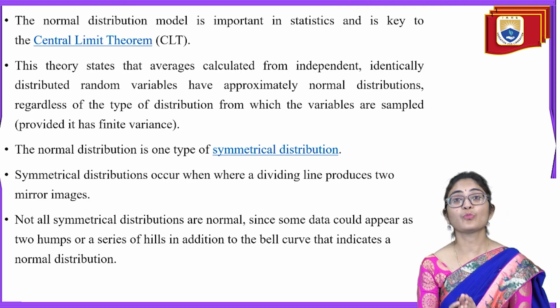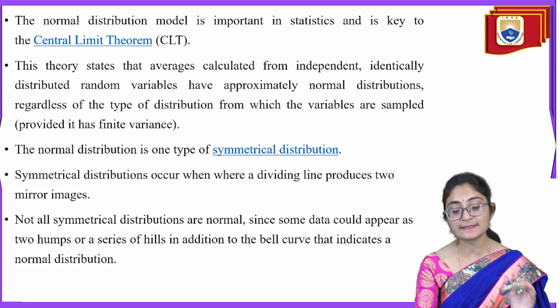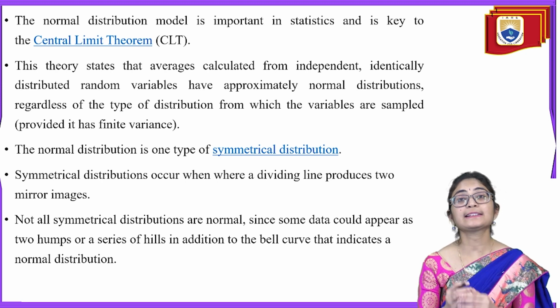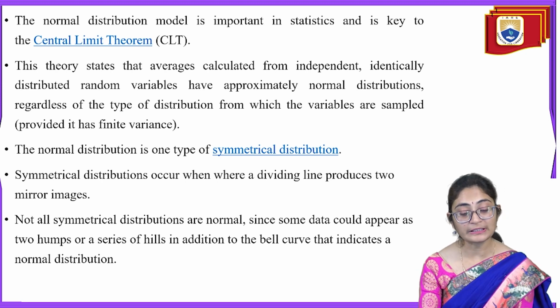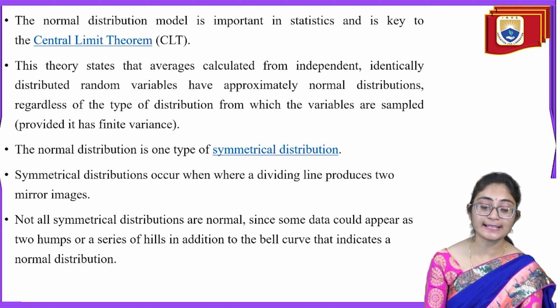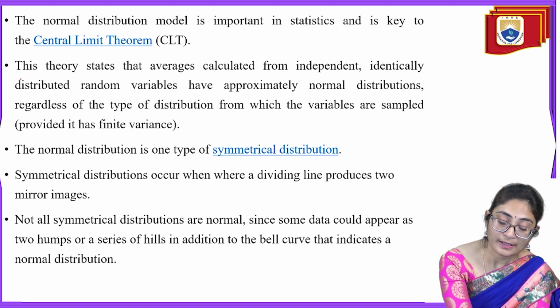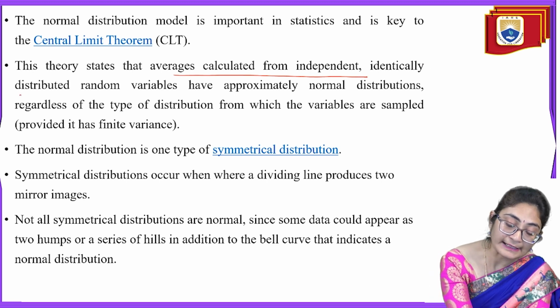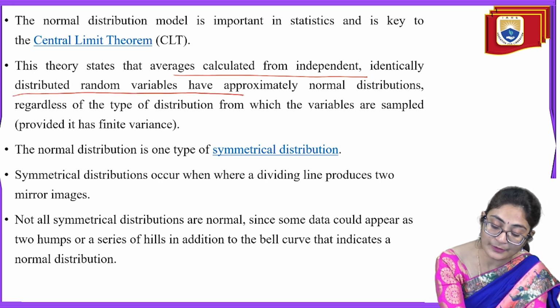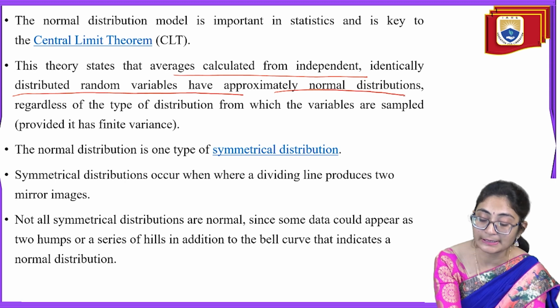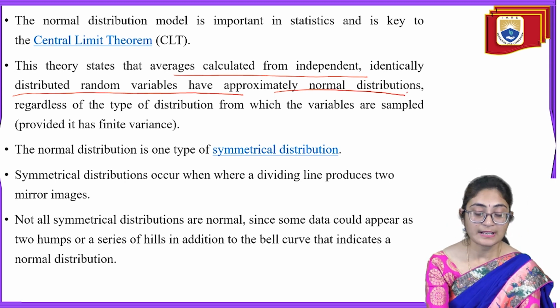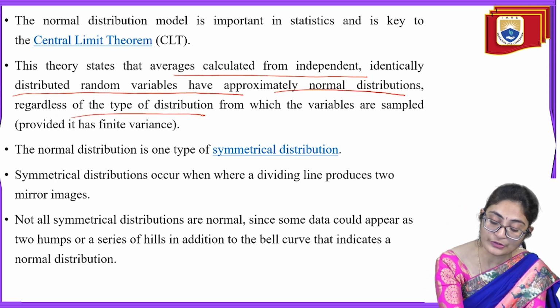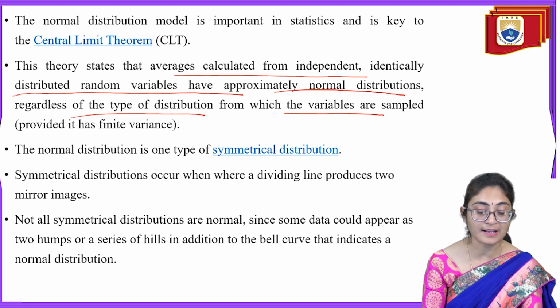The normal distribution model is very important in statistics and it is key to the central limit theorem. This states that averages calculated from independent, identically distributed random variables have approximately normal distributions, regardless of the type of distribution from which the variables are sampled.